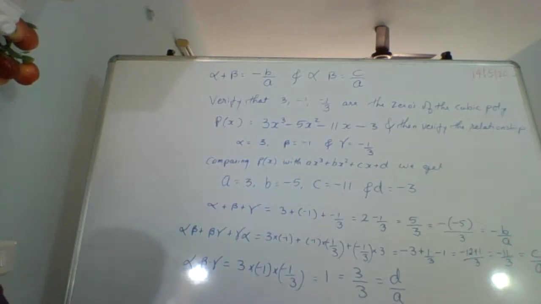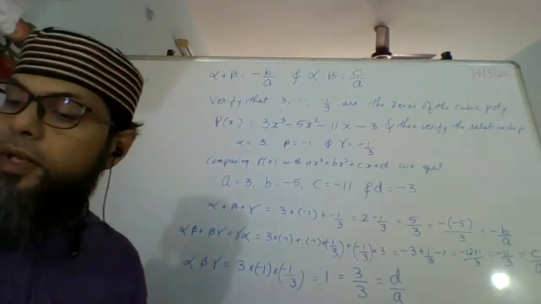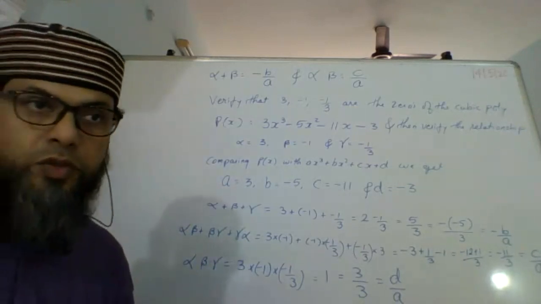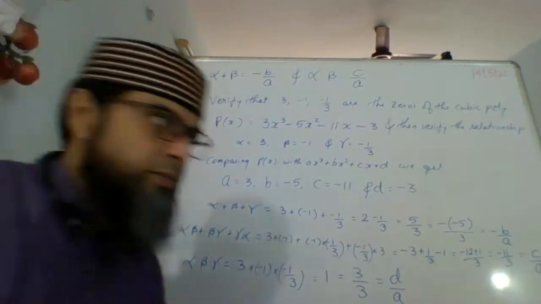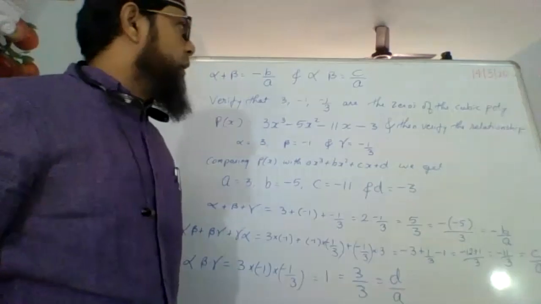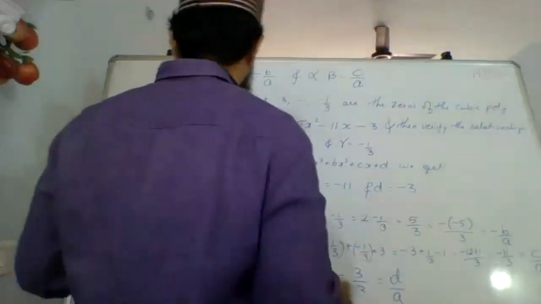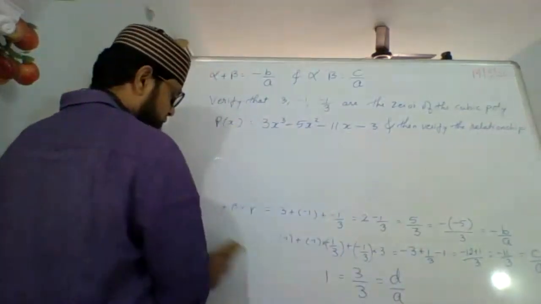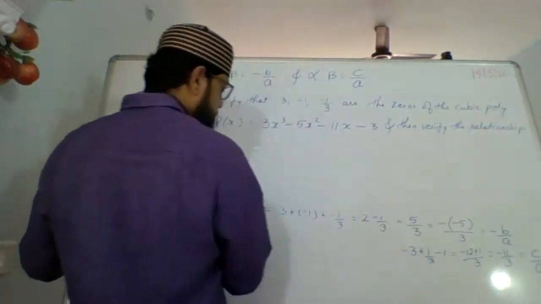So now let's look at the thing that we were supposed to do. As I said, division of polynomials. How are we going to go about that? Supposing it's a cubic polynomial, that means it has three zeros.